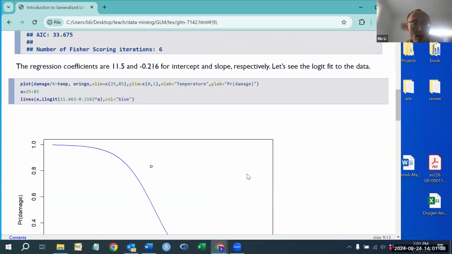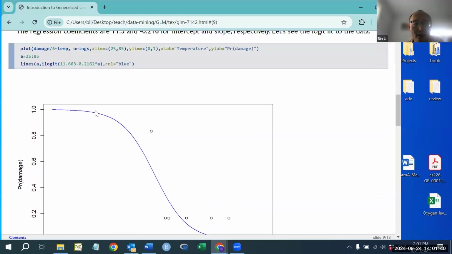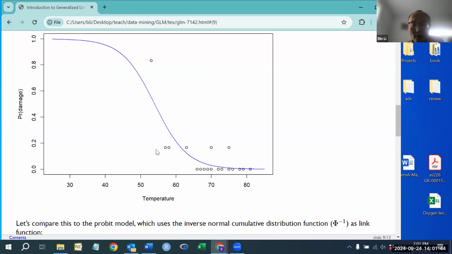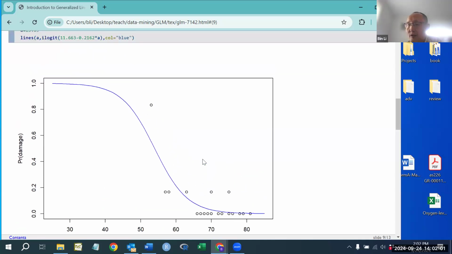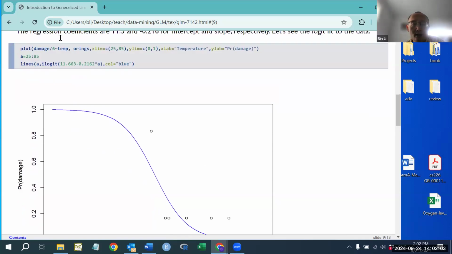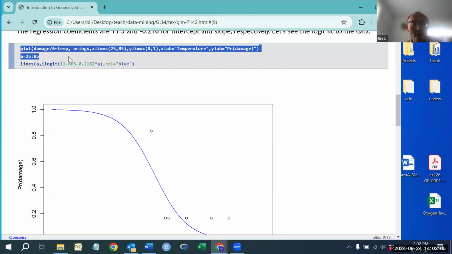Here I plotted the results. Those dots are the observed proportions for the damage, and the curve is the fitted probability from the logistic regression. This is the code that I used to do the plot.